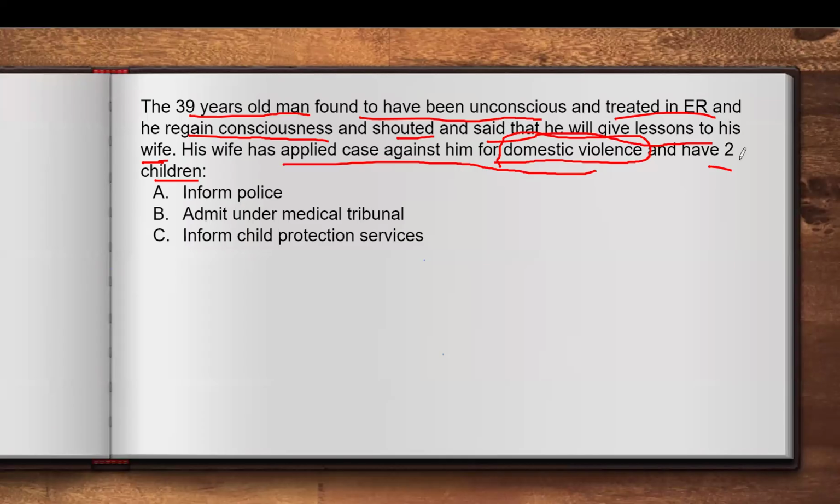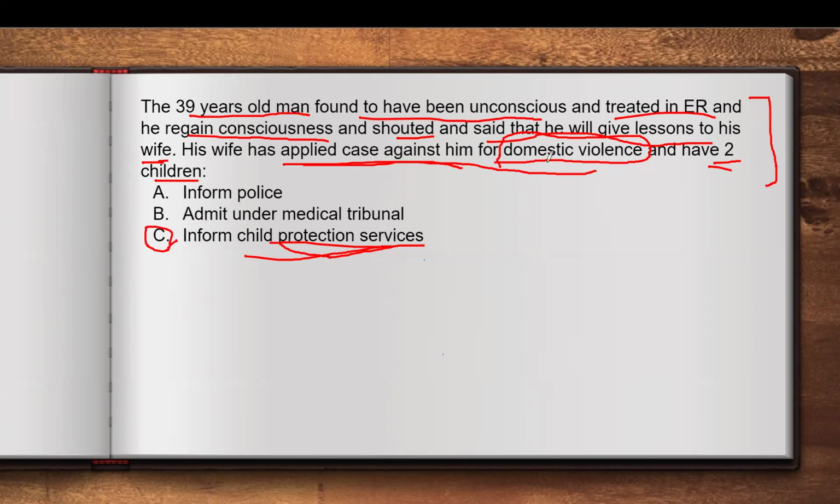The wife has already applied case against him for domestic violence, but the important thing here is that the children are at risk of harm. Although it is not mentioned in this statement, we would go with inform child protection services.